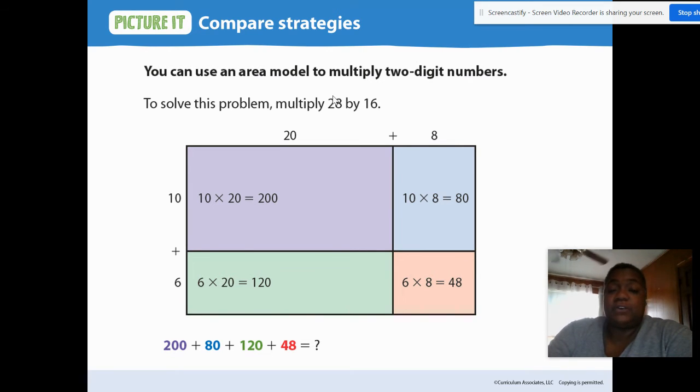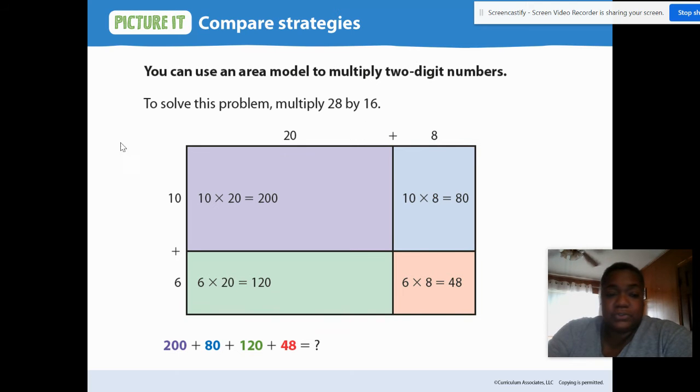Our first factor, 28, in expanded form is 20 plus 8, because when you add 20 plus 8 you get 28. Our second factor, in expanded form, is 10 plus 6, because when you add 10 plus 6 you get 16, our other factor.